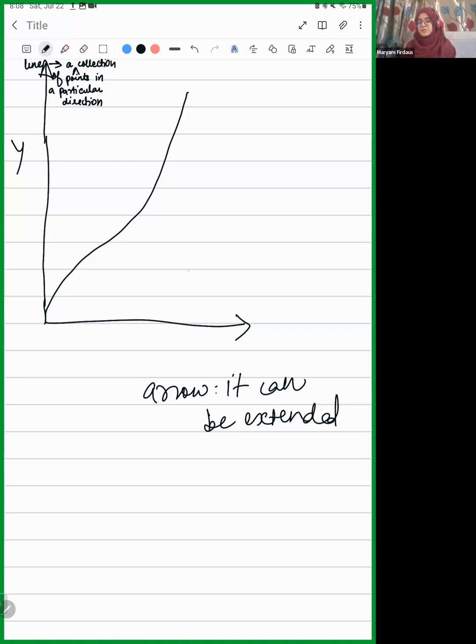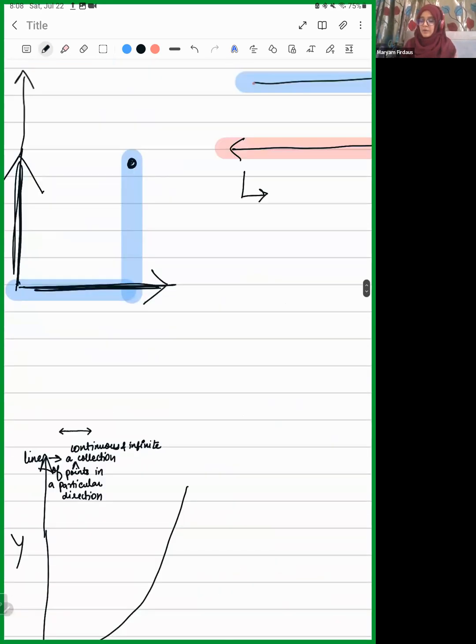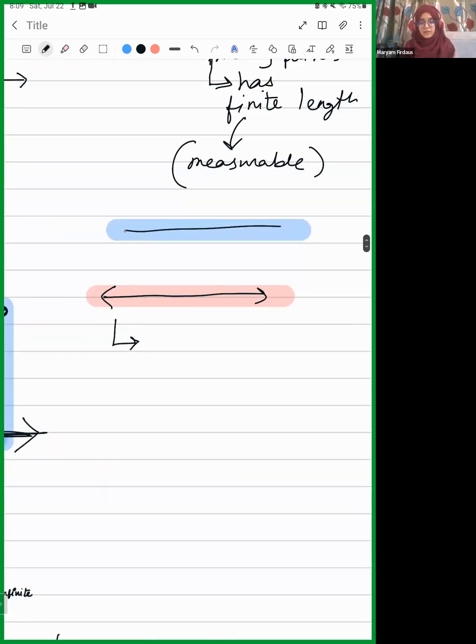If I say something is just like this, it has no arrows, that means it's not infinite. It's just from here to here. It's very well defined. It's just from this point to that point. That's all.